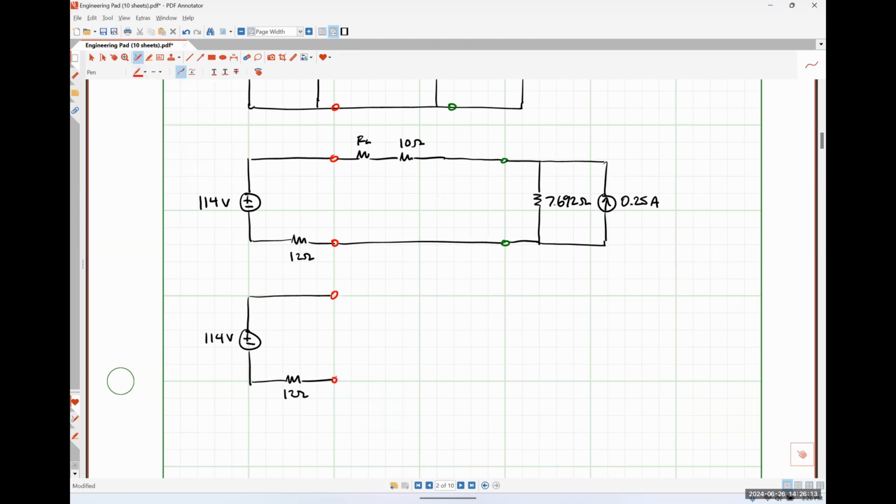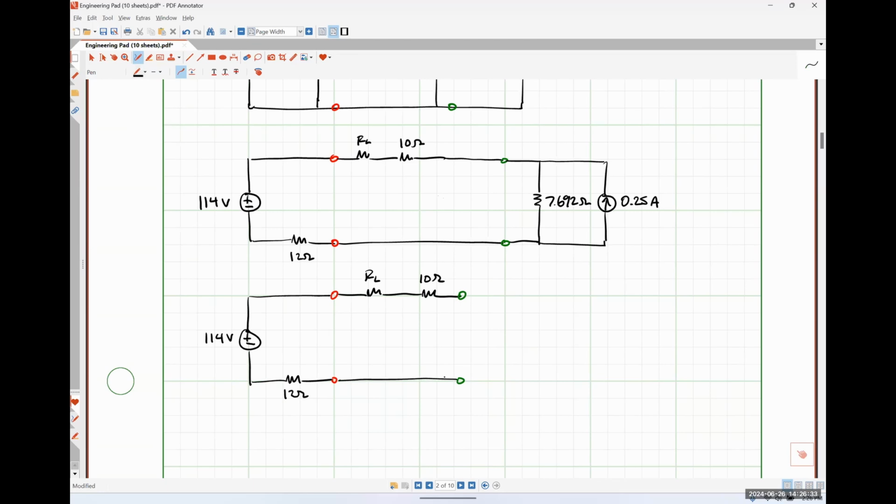Here's my red terminals. Here's RL. Here's a 10 ohm resistor.